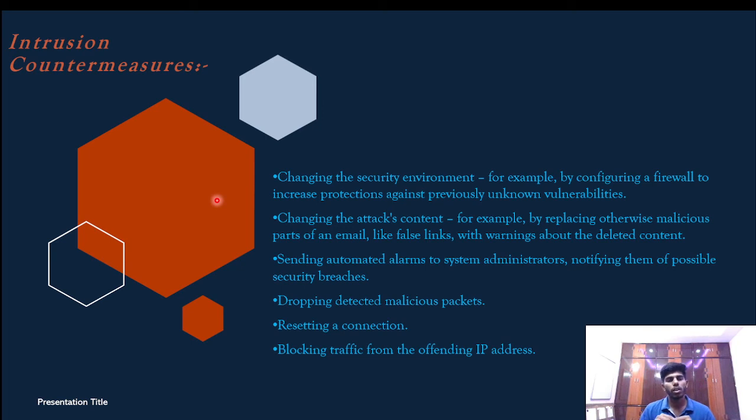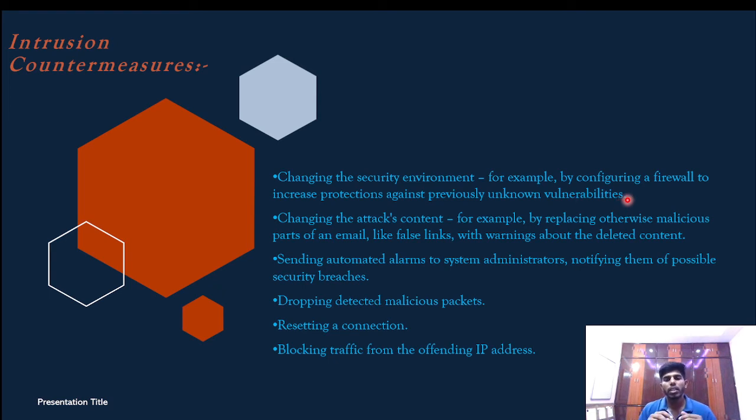What are the intrusion countermeasures? There is a set of measures we have to take to stop these malicious activities and attacks, which can be done by individuals also. The main one is changing the security environment, for example, by configuring a firewall to increase protections against previously unknown vulnerabilities.